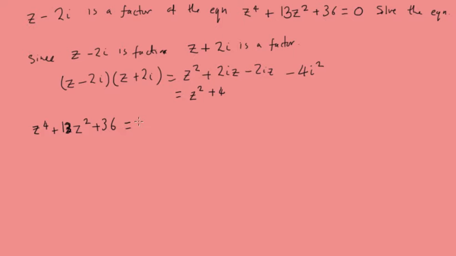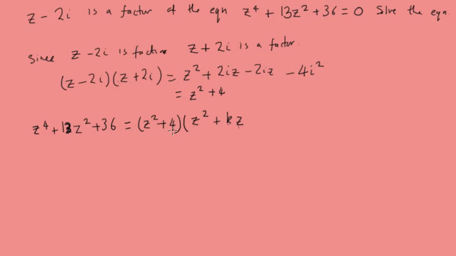And that's going to equal, so these are two factors that we've just multiplied together. We can now write a quadratic equation: z squared plus k, we don't know what the coefficient for the z part is.